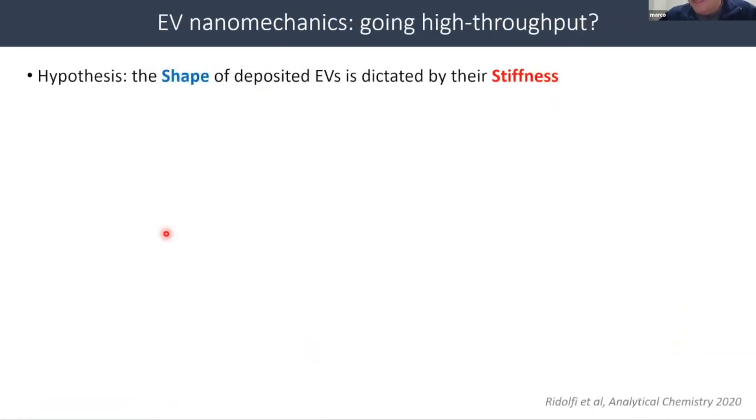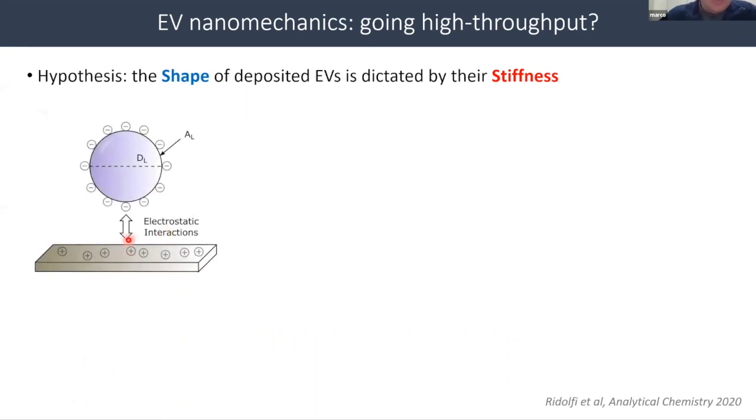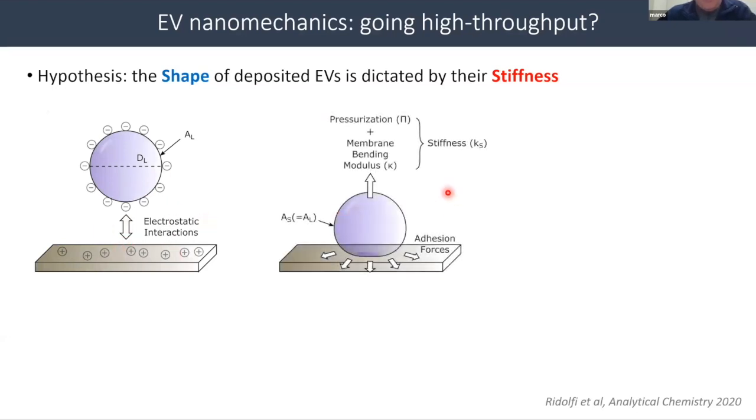So is there any way out of this? Yes, we hypothesized that the shape of a deposited vesicle is influenced by its stiffness. So using the same cartoon as before, when you capture your vesicle on the surface, adhesion forces try to deform it, to make it flat, while the vesicle resists with its stiffness, okay?